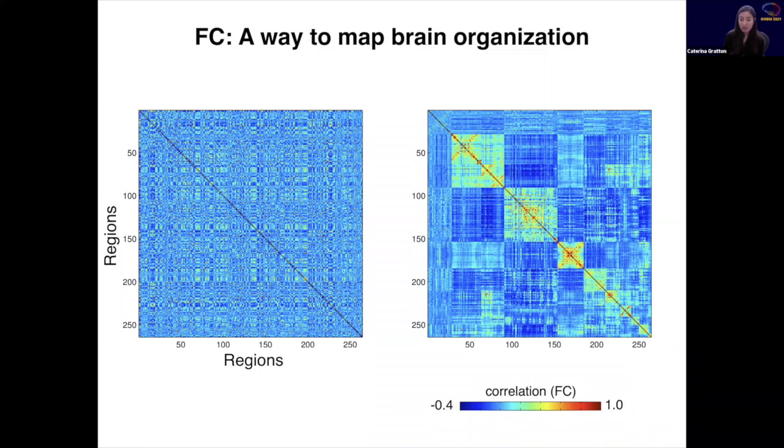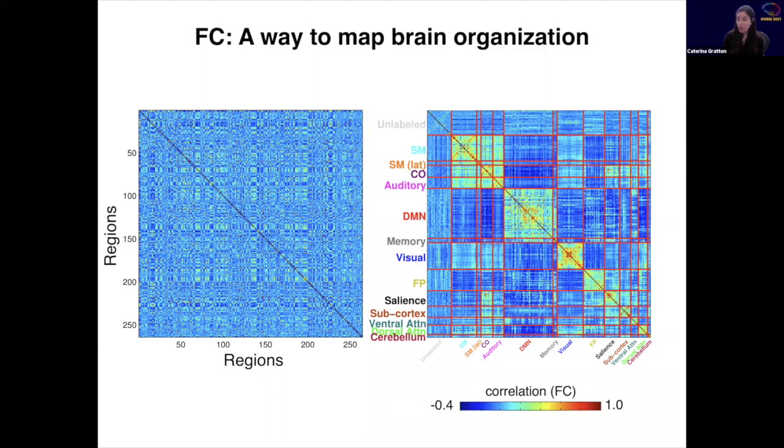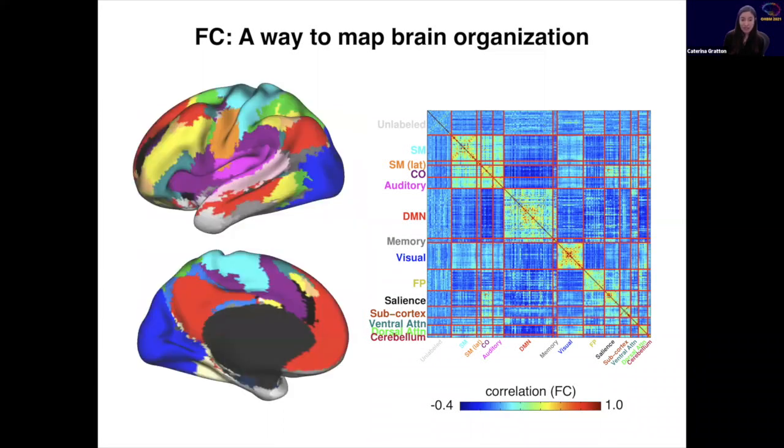Now, because of this structure, we can then quite effectively use different community detection algorithms to identify the systems of the human brain, which I can mark off with red lines as shown here, and paint on the brain in different colors as shown here. Now, this is very exciting because we've now used a data-driven technique based on spontaneous brain activity to map systems of the human brain.